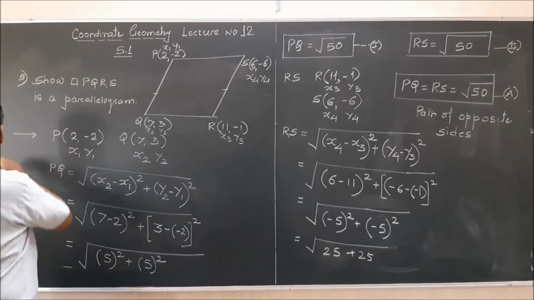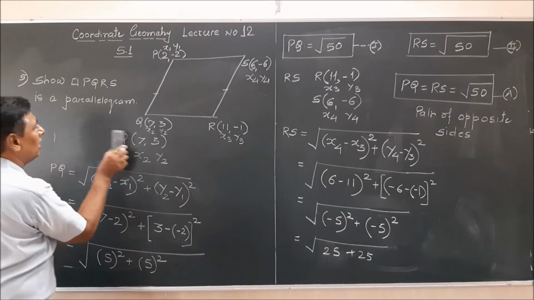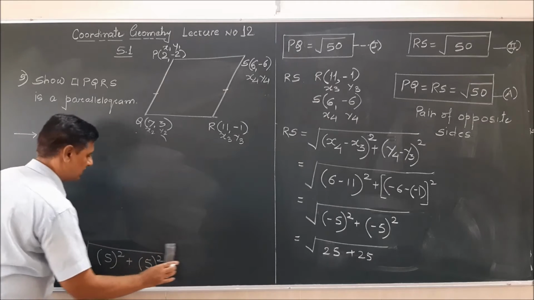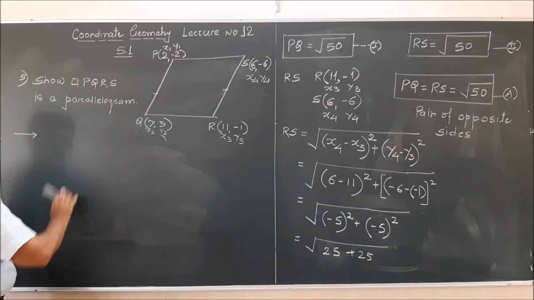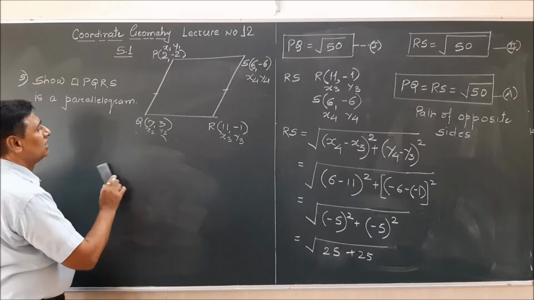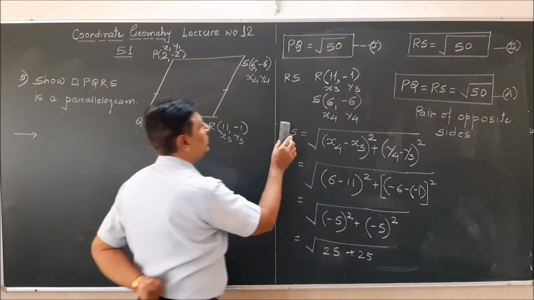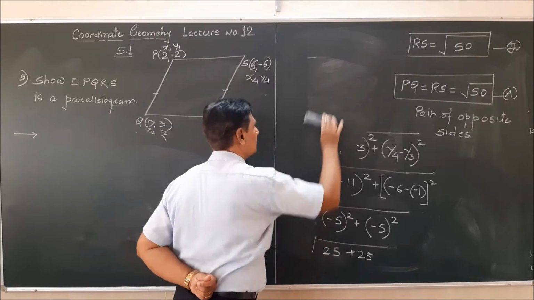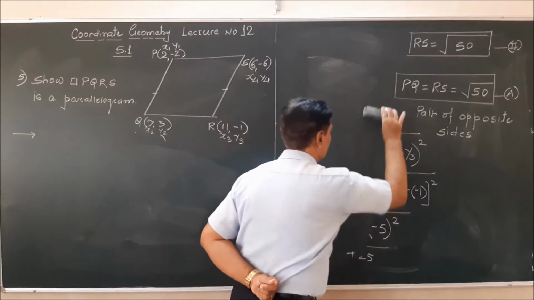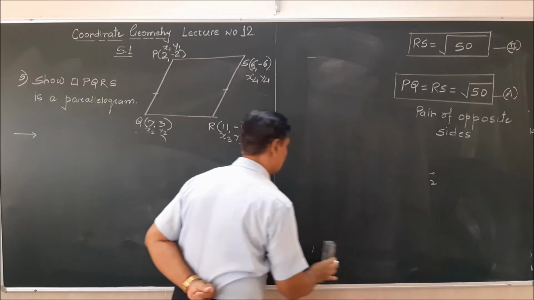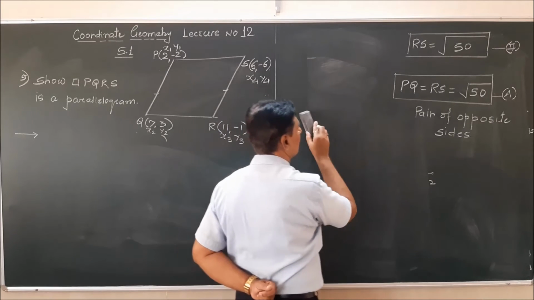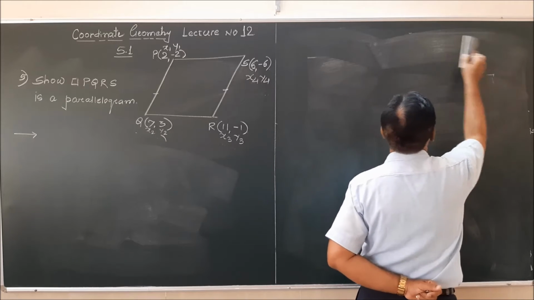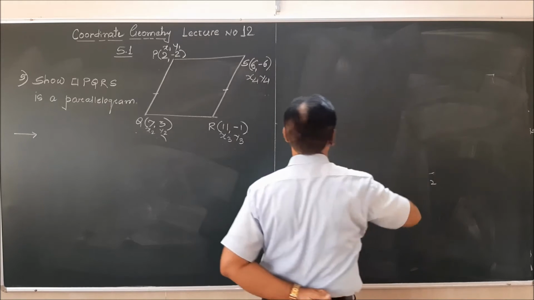Now let's see here. I am going to find out the value of PS. You will notice, dear students, that I have labeled PS: the coordinates of P are x1, y1, while the coordinates of S are x4, y4.